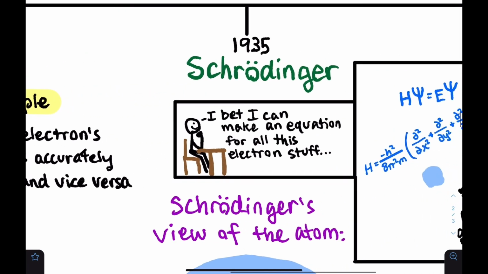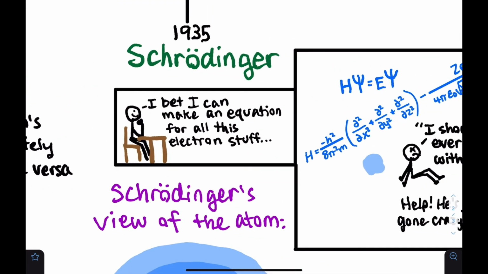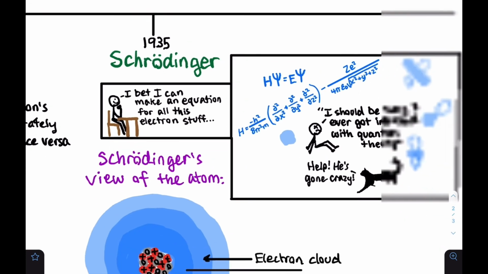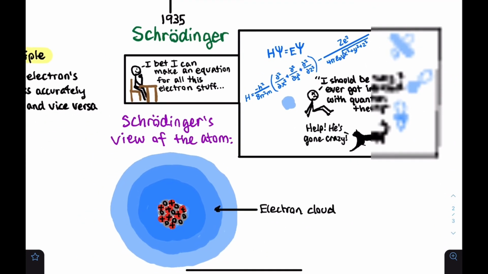So that led to Schrödinger, and Schrödinger sat down and wrote some equations, and he figured out that, okay, we cannot know where an electron is at any given point, but we can know the probability of where it might be. So he started making these probability maps based on a bunch of math he did. And these probability maps are called orbitals. So you're going to learn all about orbitals in your chemistry class.